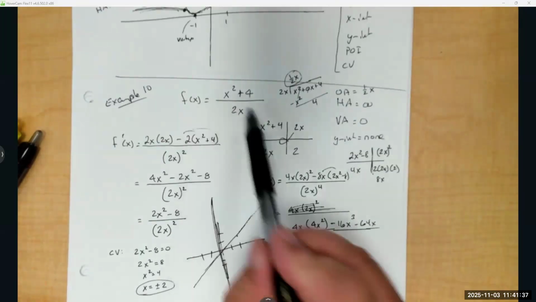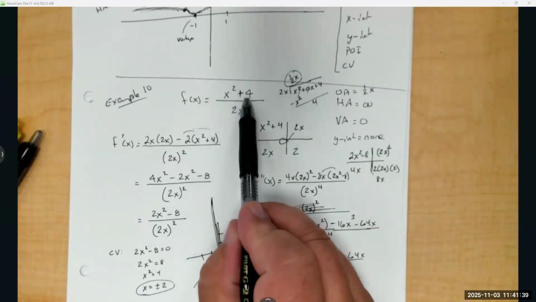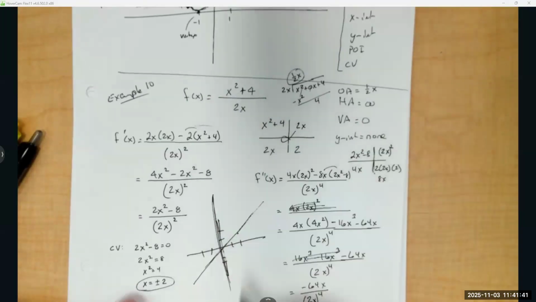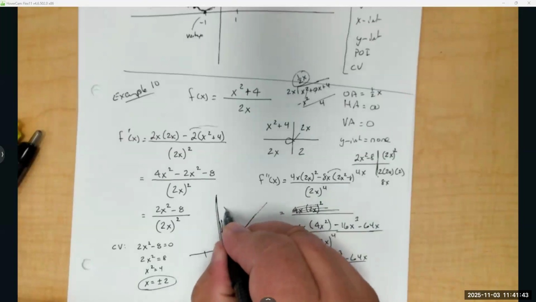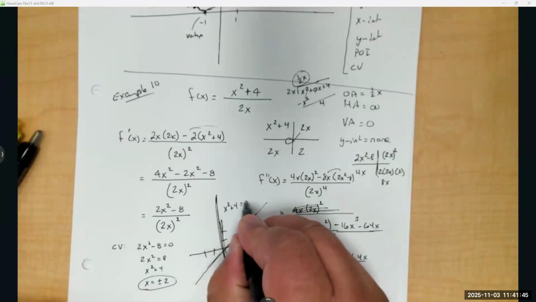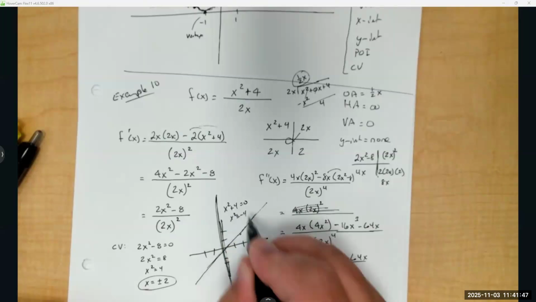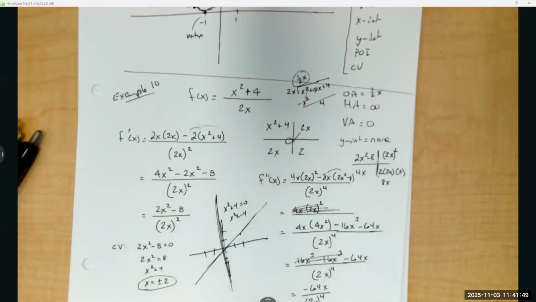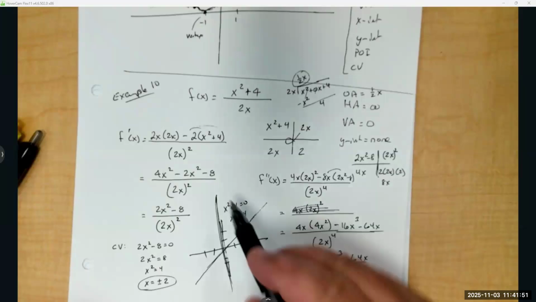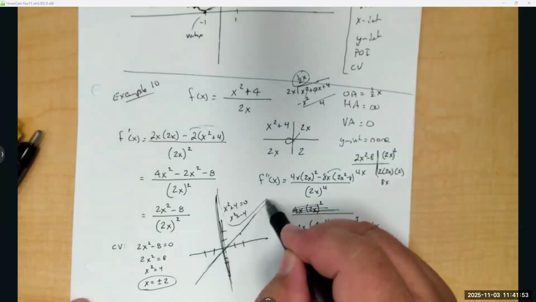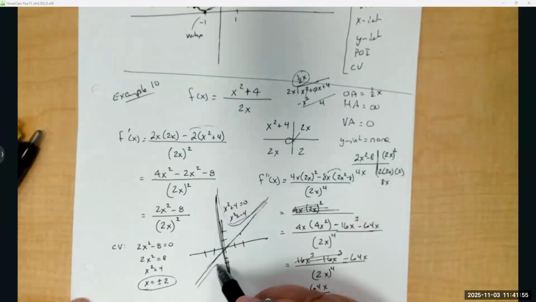The only way a function can have x-intercepts is if the top is equal to 0. X squared plus 4 equals 0. X squared equals negative 4. We have imaginary numbers. So there are no x-intercepts. So therefore, our graph has to be in these domains.